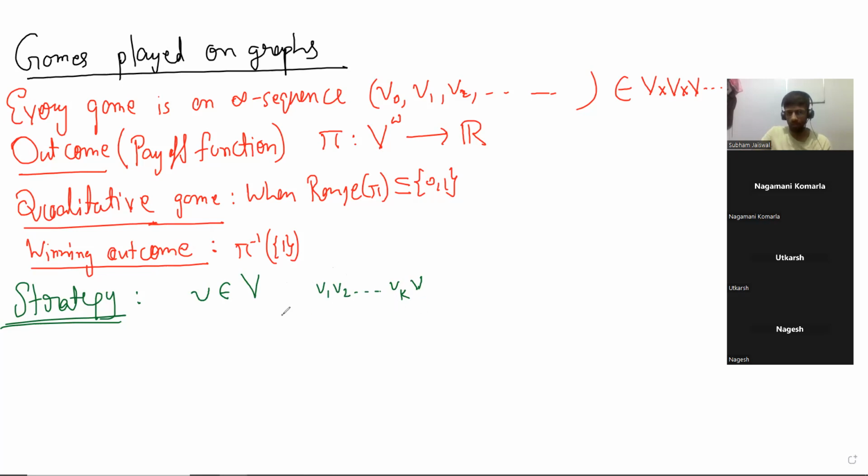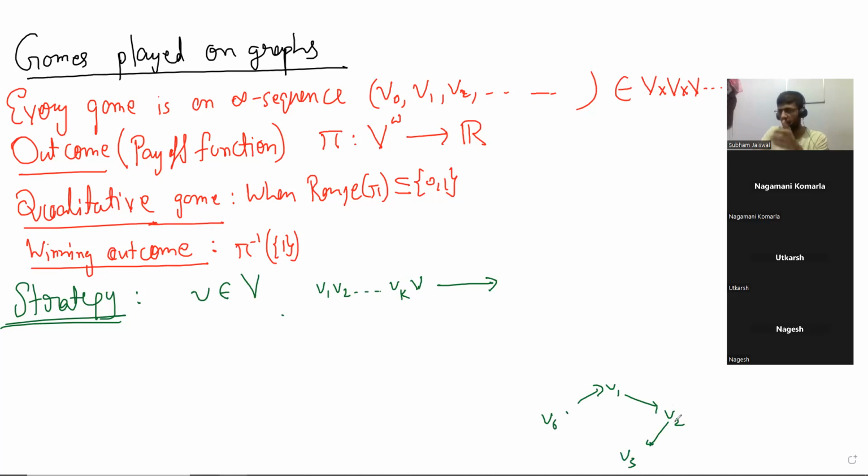Then looking at this situation, you make a move, which means that you take this string, because the move you make will depend not only on where you are. In most cases it will depend only on that, but in general it depends on the situation of the game completely, from where you are coming from. So the game started at v0, then it went to v1, then v2.